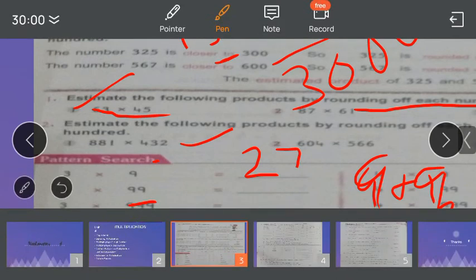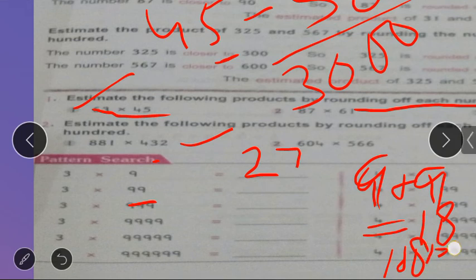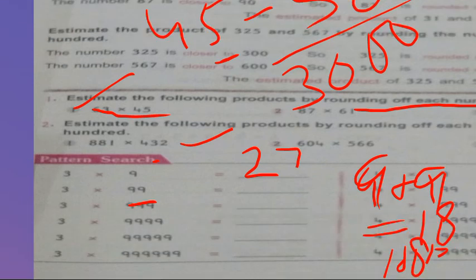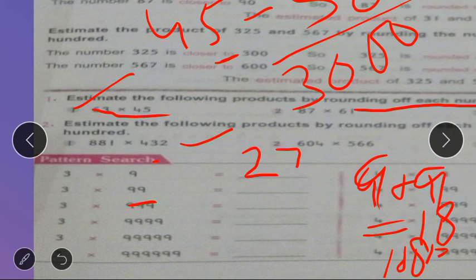You have to make it a single number. 9 plus 9, 18. Then 1 plus 8, 9. So the middle number you got is 9, and the side numbers will be 2 and 7.